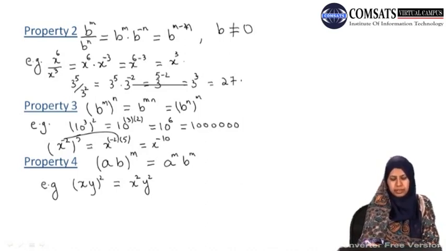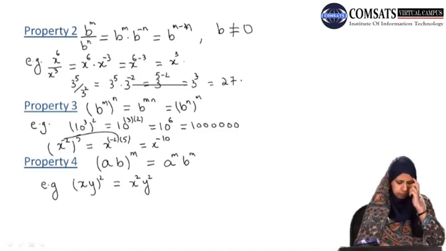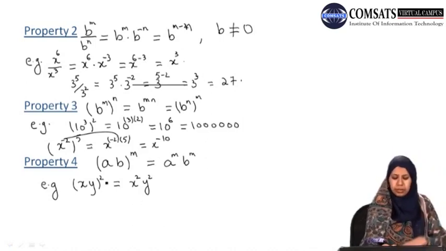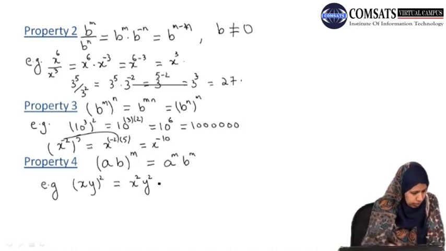This property basically tells us that the power of the product ab is the same as the product of the powers. That is, either you take the product and then the power, or you take the power and then the product, you obtain the same result. That is, the power of the product is the same as the product of the powers.